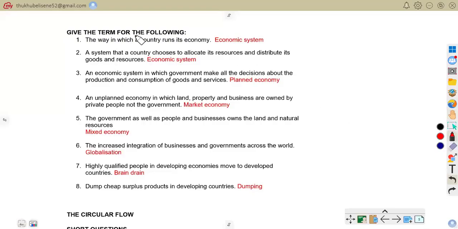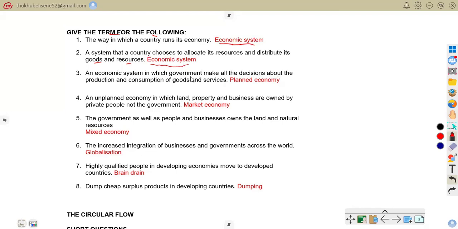It says the way in which a country runs its economy, that is economic system. A system that countries choose to allocate resources and distribute goods is its economic system. The way the country chooses to allocate its resources and distribute them is economic system.